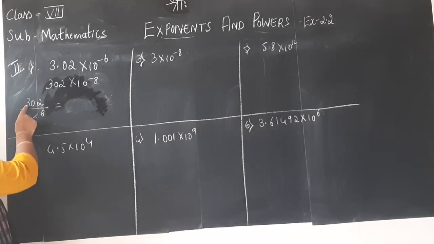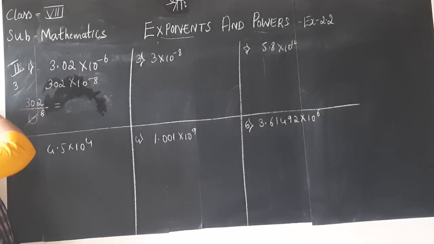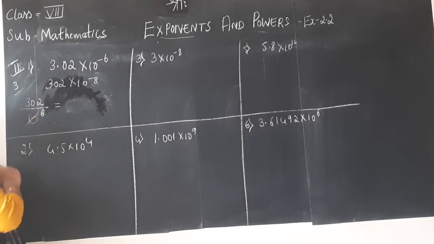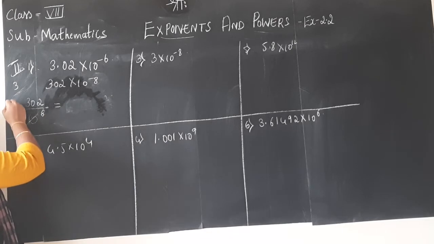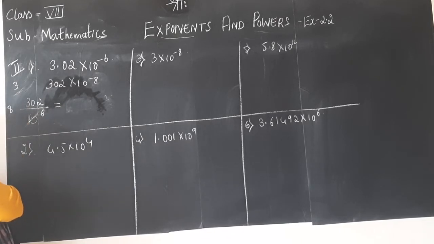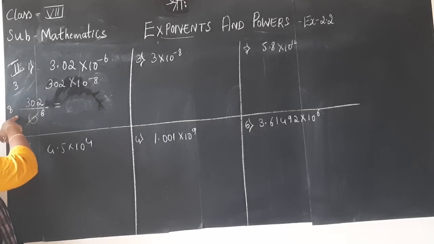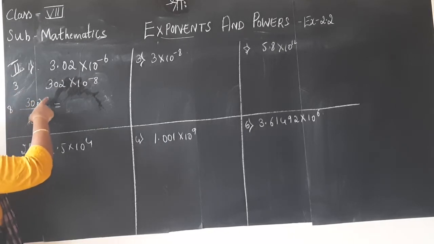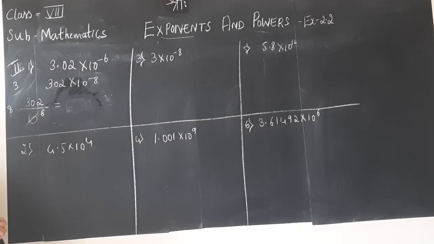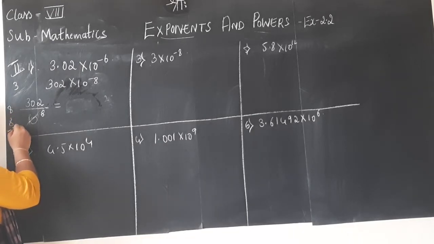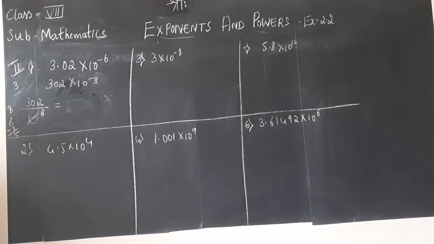You count 1, 2 and 3 digits are there. In the denominator, what is the exponent? 8 is there. Among these 8 decimal places, 3 decimal places are already occupied by the numerator. So if you subtract 3 from 8, what are you left with? 5. So 0 point you write and keep it ready.